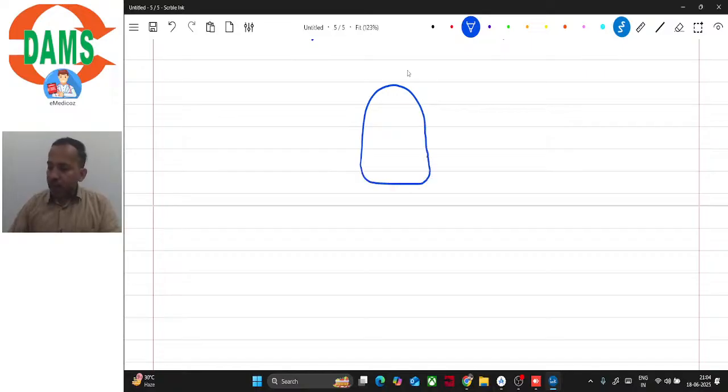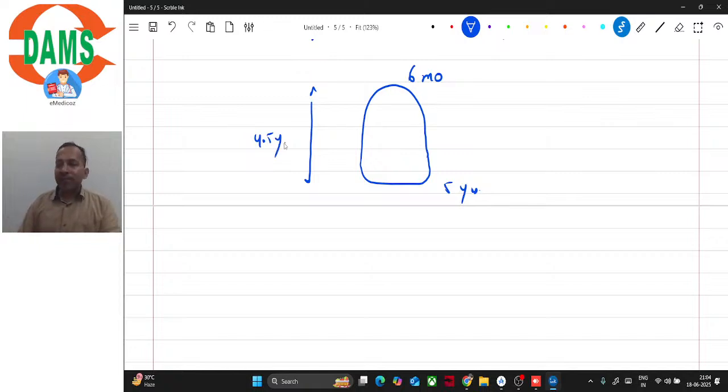let's say this is the tooth, and let's say that it initiated at 6 months and completed at 5 years. So the total duration for which the tooth was forming is approximately 4.5 years, right?